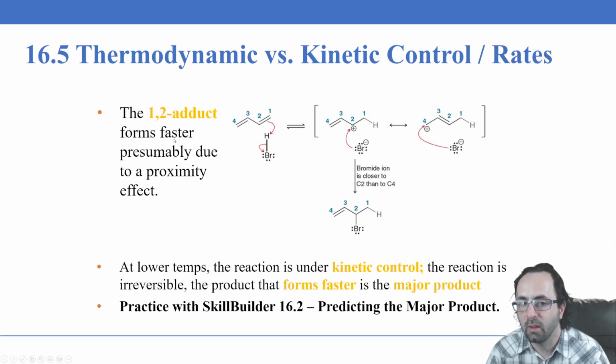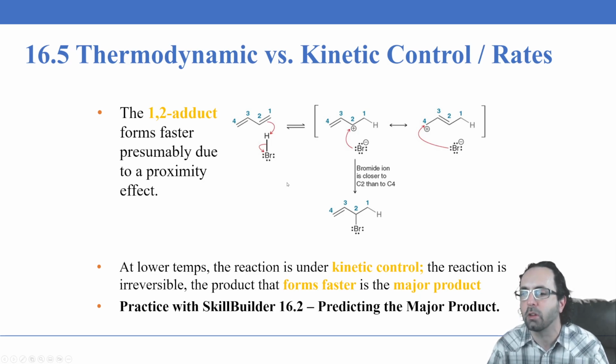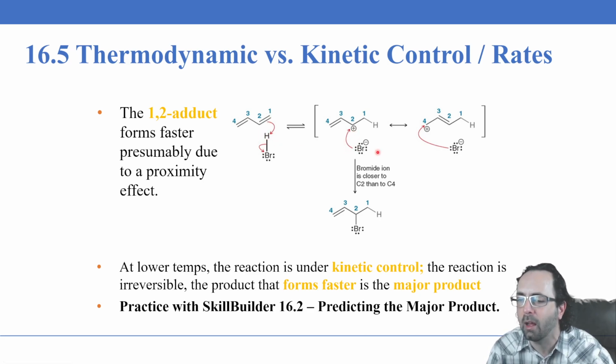So just following up on that, the 1,2 adduct will form faster, not only due to the stability, but just due to the proximity too. That's another contributing factor: when the proton transfer occurs, the bromide ion will already be pretty close to that carbocation that's produced at the second carbon, and so it can go ahead and attack.